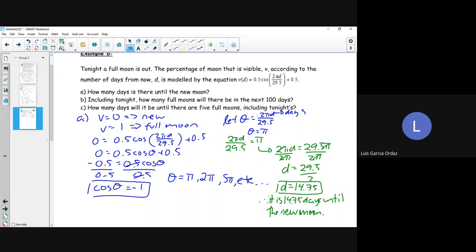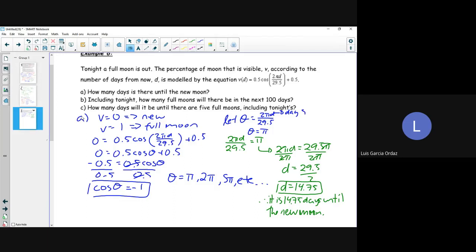So that means our expression was simply V of d is equal to 0.5 times cos theta plus 0.5. Because when V equals 0, that means a new moon, we set V of d equal to 0, which left us with 0 is equal to 0.5 times cos of theta plus 0.5. And then all we did was isolate for cos theta, and when we simplified everything, we got cos theta is equal to -1.